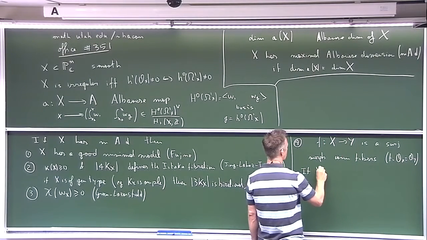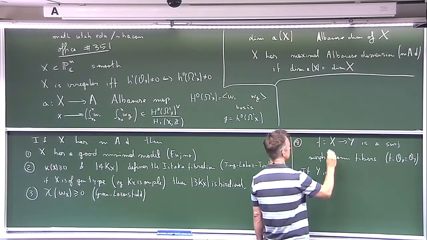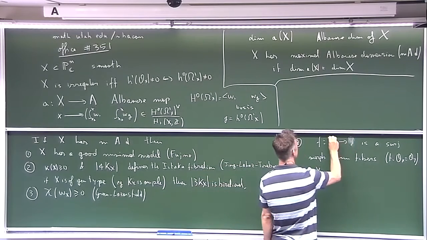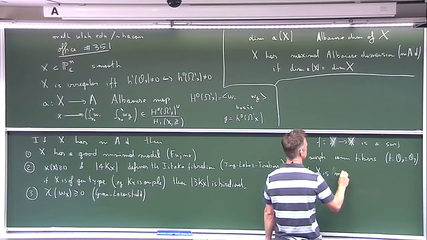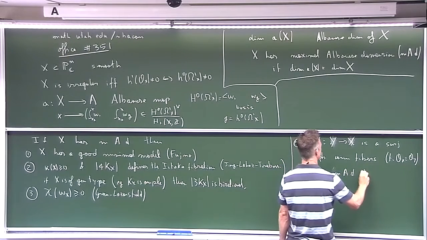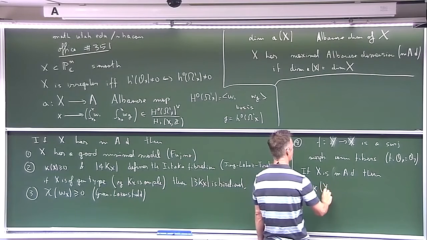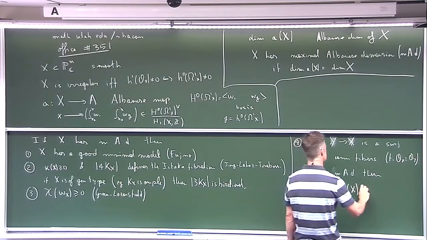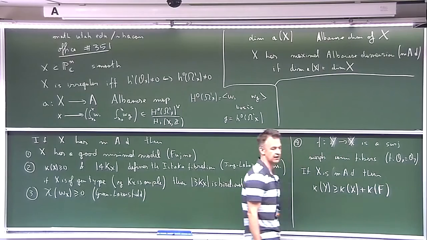If Y is of maximal Albanese dimension, so maybe I should, since I've said X is of maximal Albanese dimension upfront, let me call it Y to X. If X is of maximal Albanese dimension, then the Kodaira dimension of Y is greater than or equal to the Kodaira dimension of X plus the Kodaira dimension of F, where F denotes a general fiber.